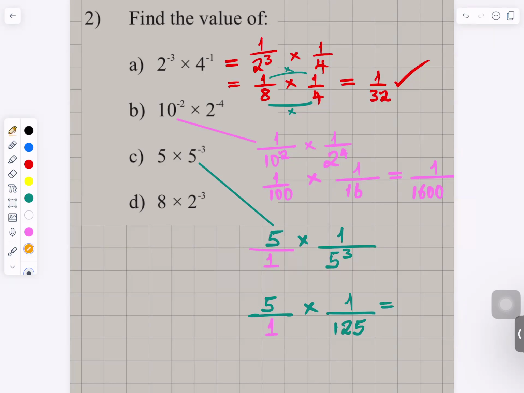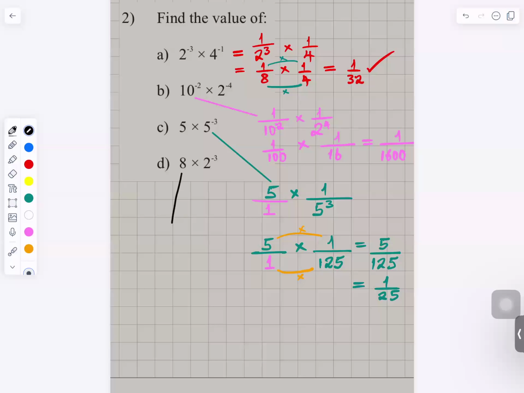You multiply the top: 5 times 1 gives you 5. Then multiply the denominators: 1 times 125 gives you 125. And 5 divided by 125, when you simplify it, is 1 over 25.